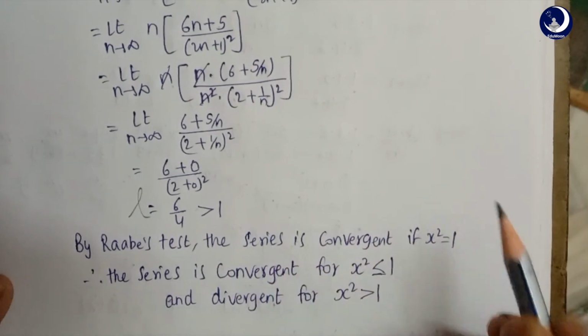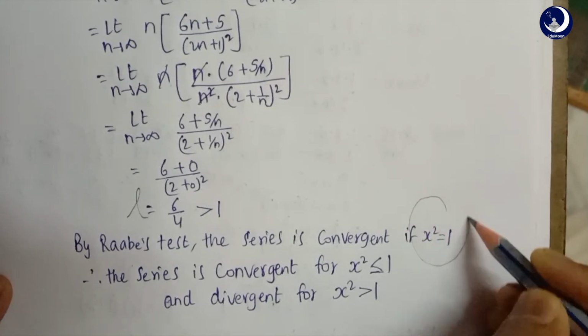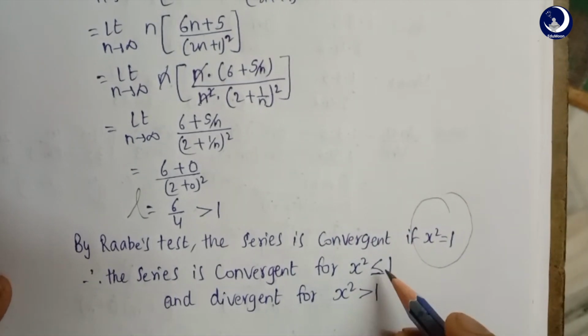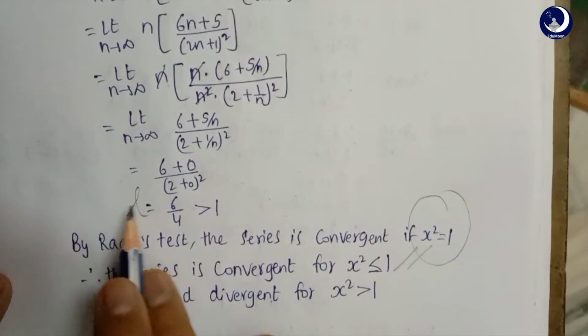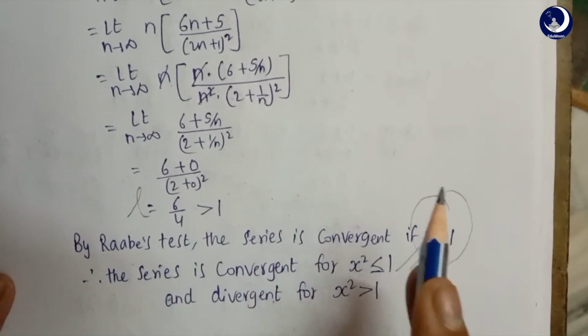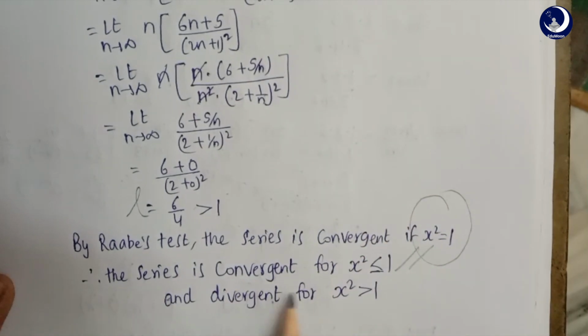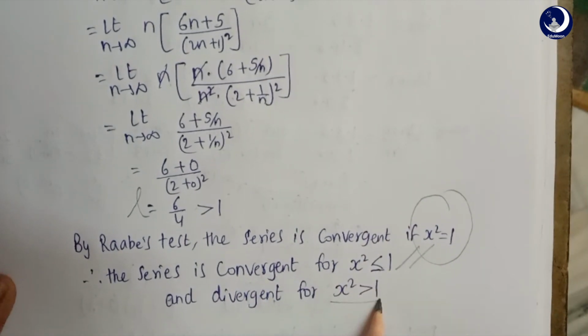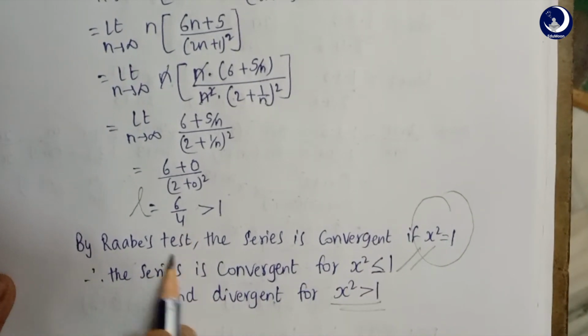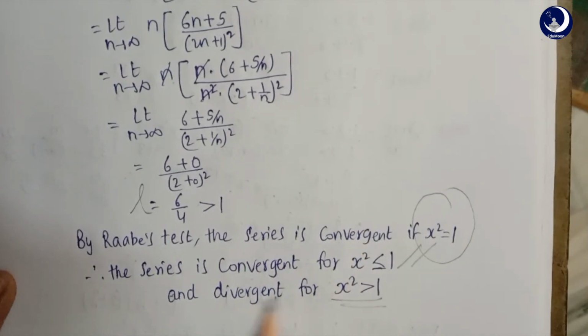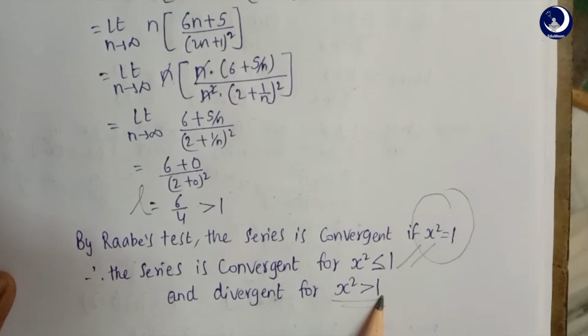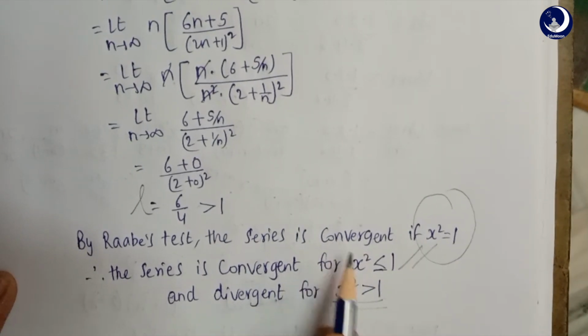For this we have to consider x square equal to 1 or x square less than 1 only. It is considerable, L greater than 1 and Raabe's test is confirmed. If x square greater than 1, then Raabe's test is not applicable, and convergence is not confirmed. So we get a divergent form when x square greater than 1. Only we get convergence if x square is less than or equal to 1.